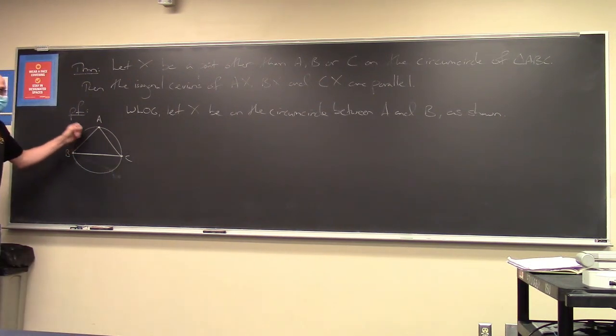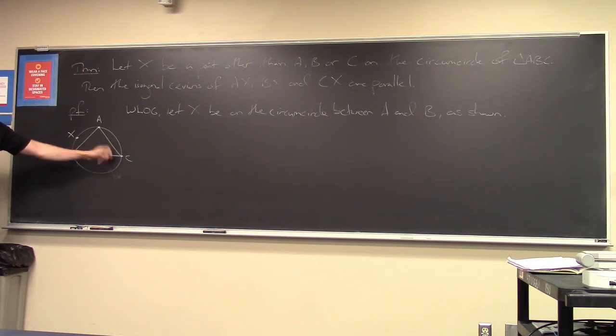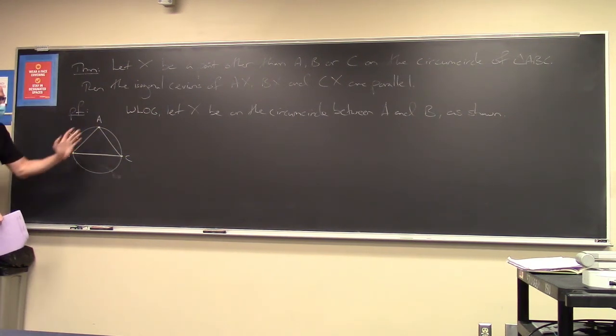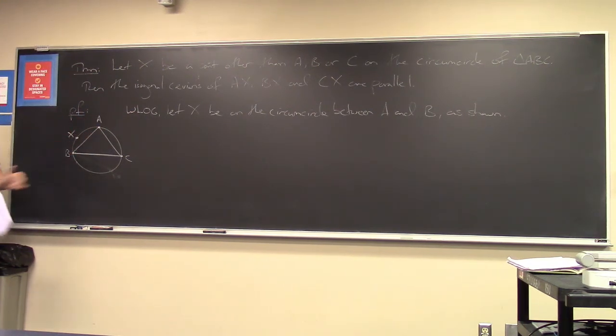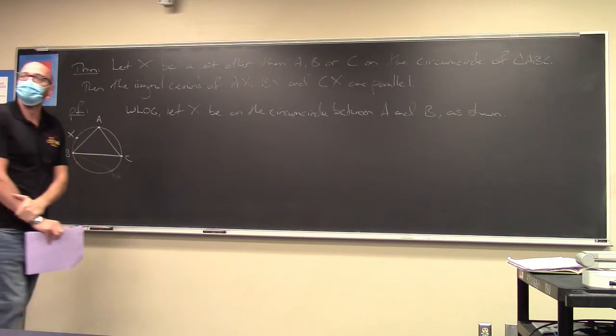And obviously it doesn't matter which one I choose. If I chose between A and C, just relabel everything so it's between A and B again. And again, you might have to worry about some loss of generality if A is obtuse or something, but it really doesn't matter, I promise.